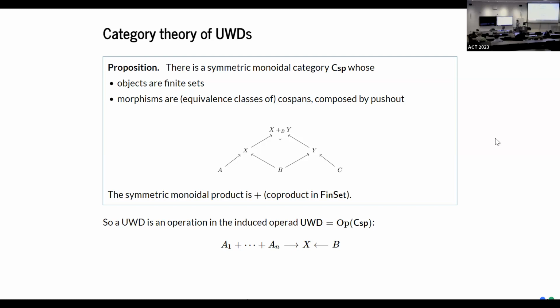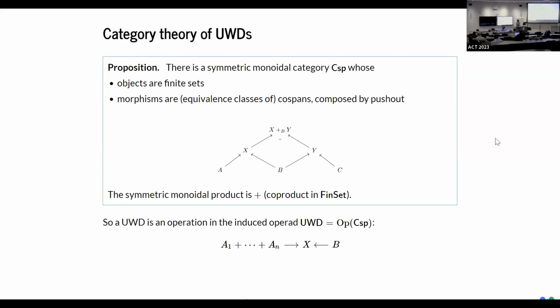The objects in this category are finite sets, and the morphisms are cospans, or if we're being careful, they're equivalence classes of cospans up to isomorphism. And you can compose them by taking pushouts, as shown in this picture.